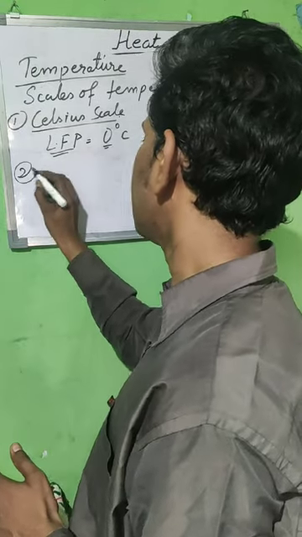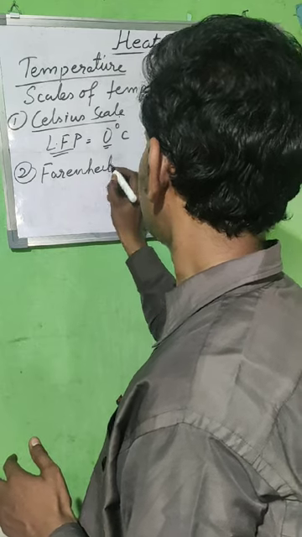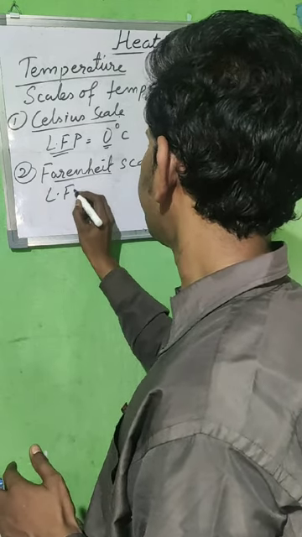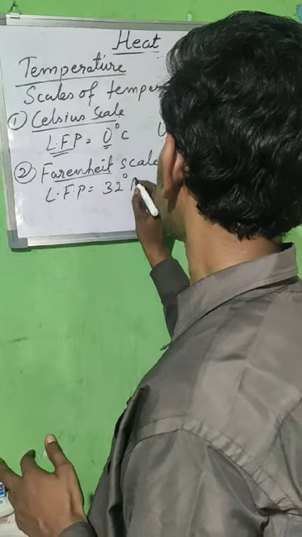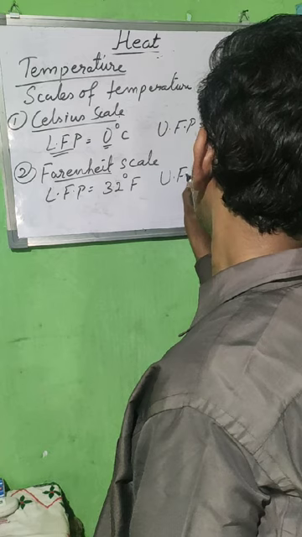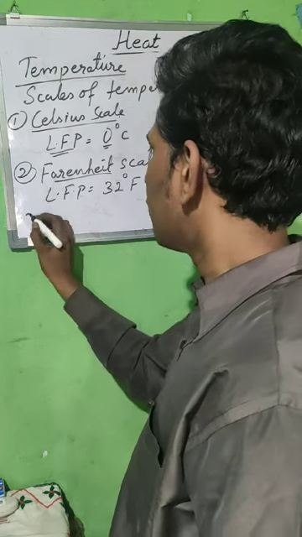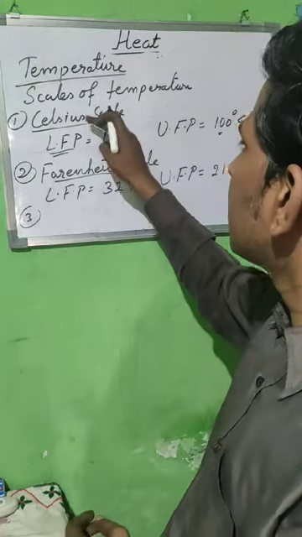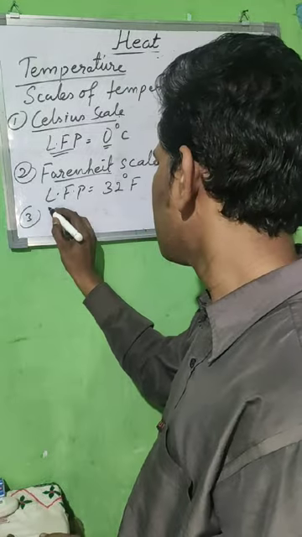Like this. In Fahrenheit, another scale, the lower fixed point is 32 degrees Fahrenheit, and the upper fixed point is 212 degrees Fahrenheit. One more scale is very important, that is the Kelvin scale, but generally we'll focus on these two, though I'm just trying to give you the Kelvin scale also.